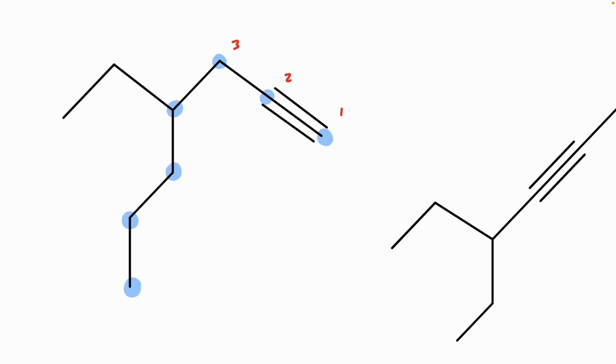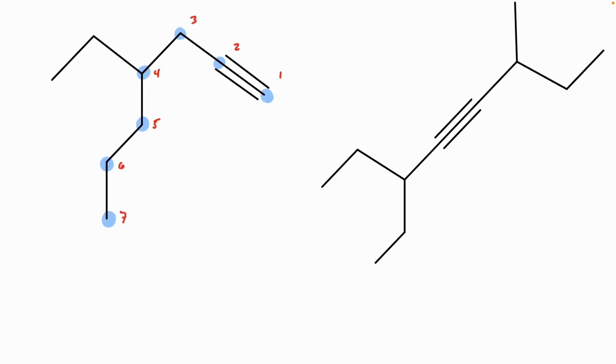So 1, 2, 3, 4, 5, 6, 7. I can say that this is my numbering scheme because it puts my triple bond at the lowest number. And this right here would be an ethyl group. So this would be 4-ethyl-1-heptyne.